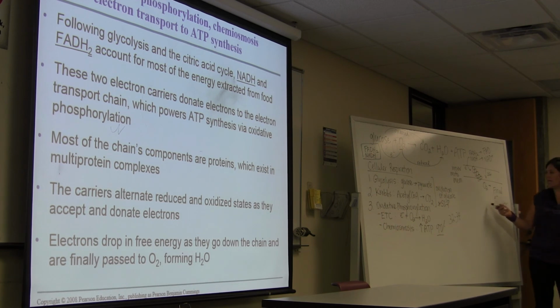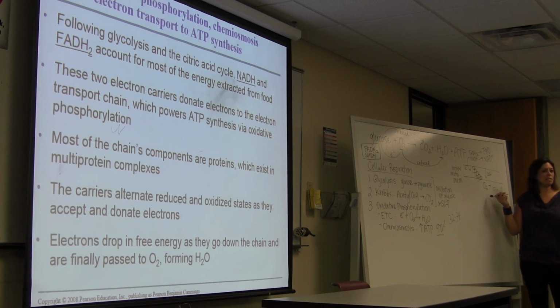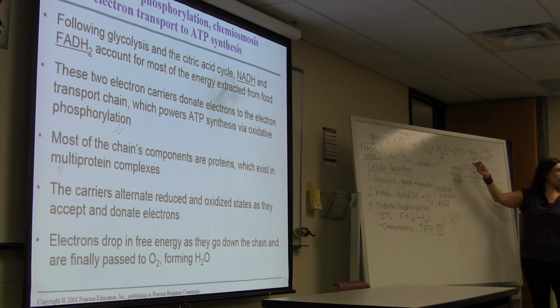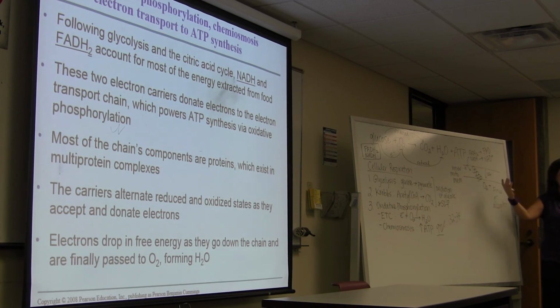Another way to think about why this is an exergonic process is because this oxygen is so electronegative. These electrons want to be with oxygen because oxygen has such a strong pull towards them. As they get closer to oxygen, they're getting happier and happier, more stable. And so you're releasing energy in this process.